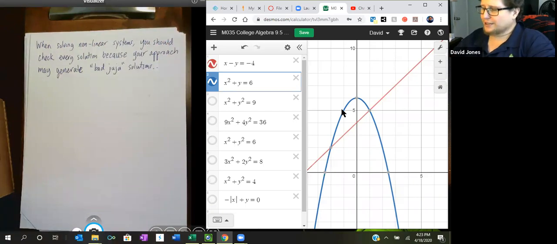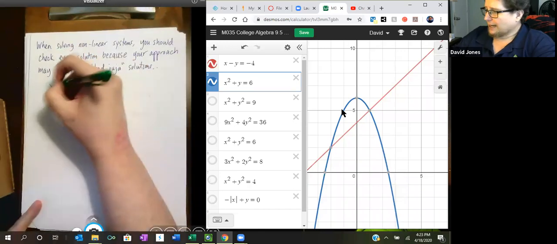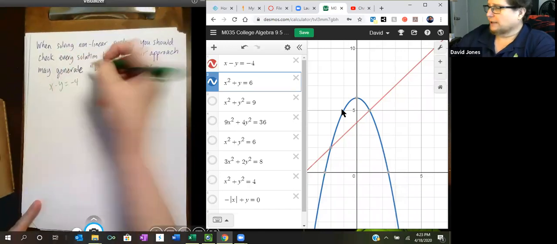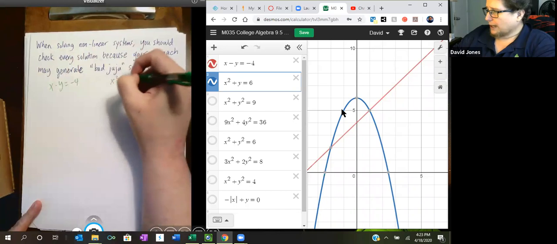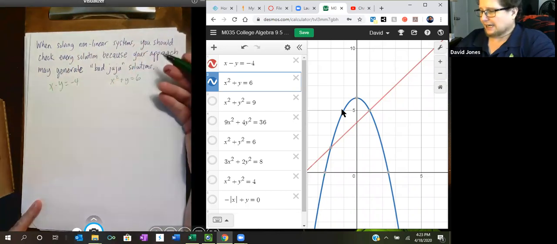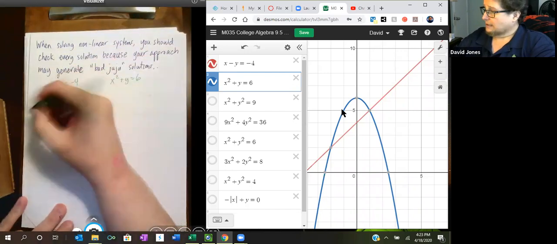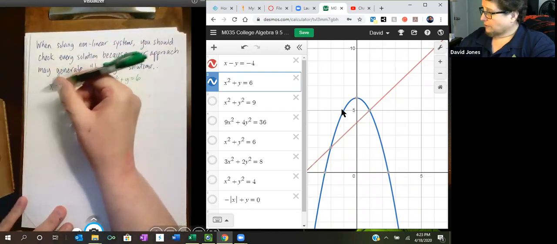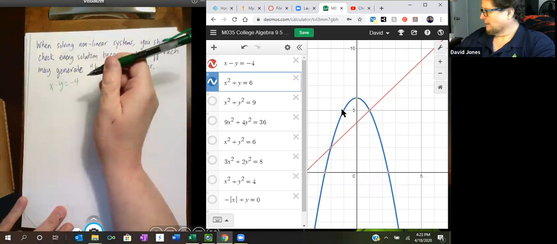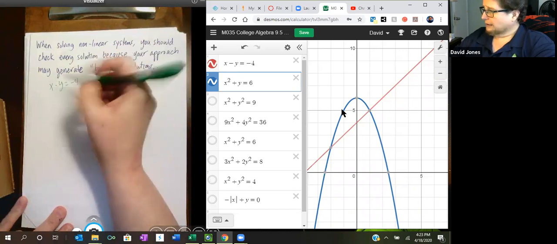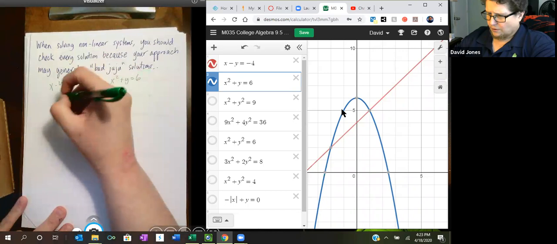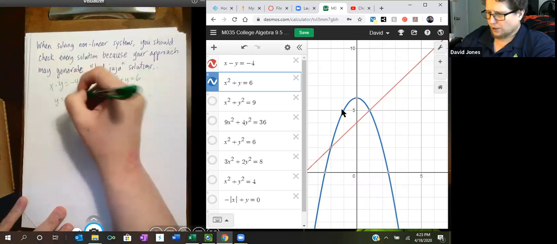And notice if you had done this the other way, I'm just going to put it back up there for a second. We had x minus y equals negative 4 and x squared plus y equals 6. If I had solved for y, y equals x plus 4.